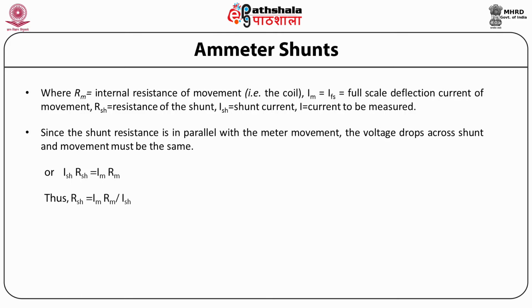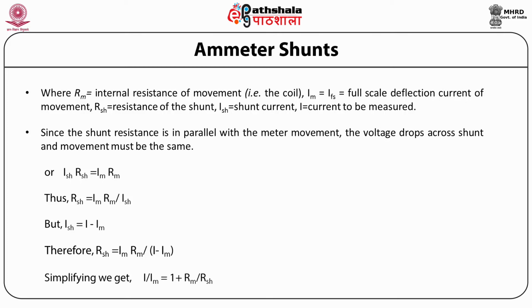Thus, Rsh is equal to Im Rm divided by Ish. But Ish is equal to I minus Im. Therefore, Rsh, that is the resistance of the shunt, is equal to Im multiplied by Rm divided by I minus Im. Simplifying the above equations, we get I by Im is equal to 1 plus Rm by Rsh.